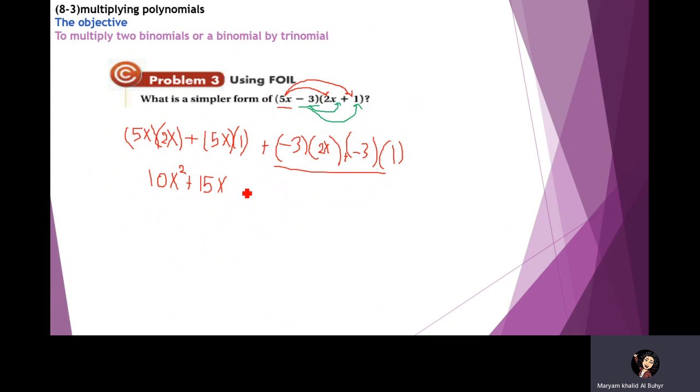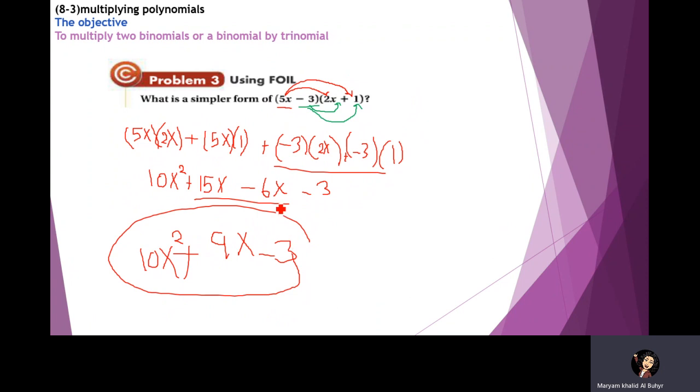We can add these because these are like terms. So that will be 9x minus 3, 10x to the power 2. So that's the answer, finally.